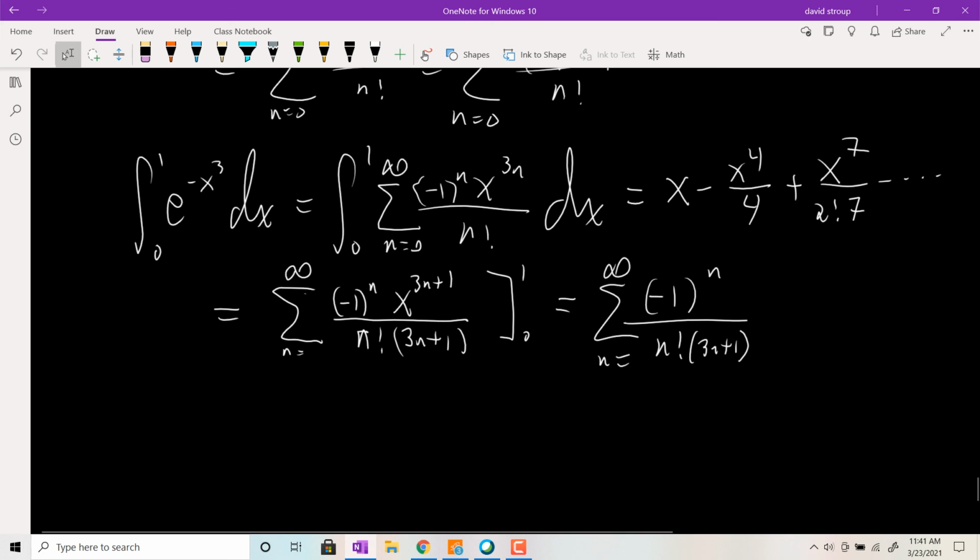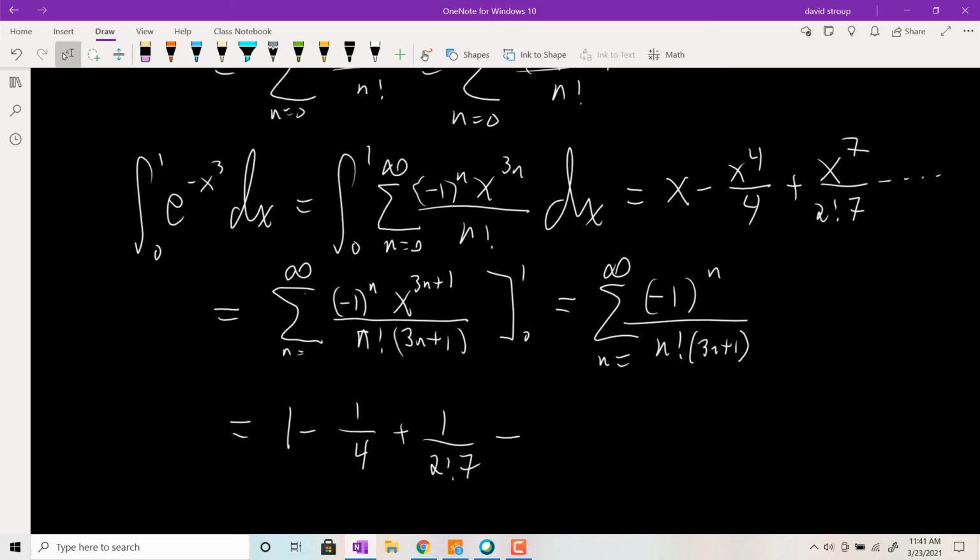And then you plug in 1, and it would be 1 minus 1 over 4. So this thing, as a power series expanded, is 1 minus 1 to the 4th over 4 plus 1 to the 7th all over 2 factorial times 7.